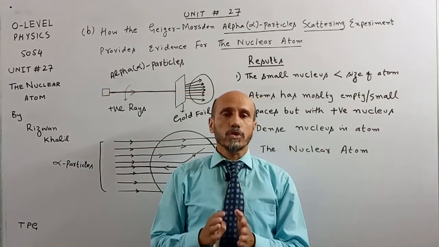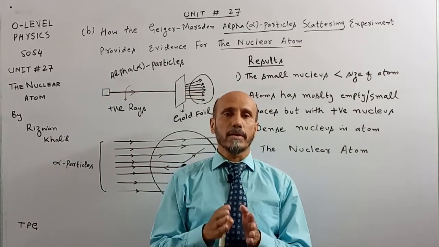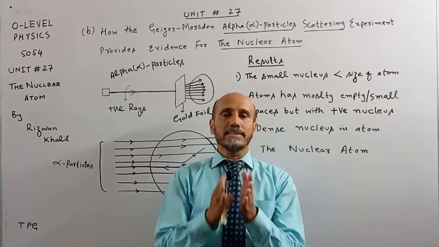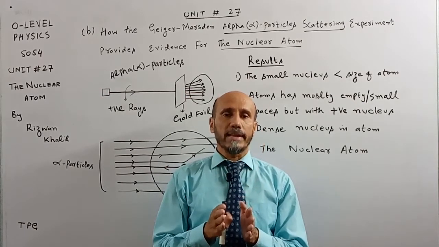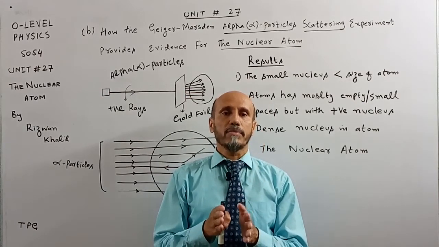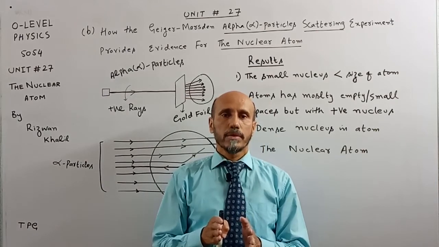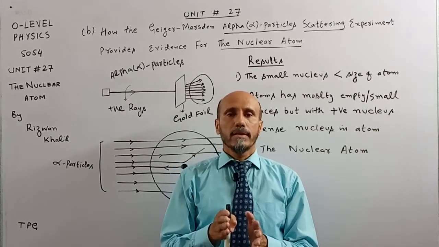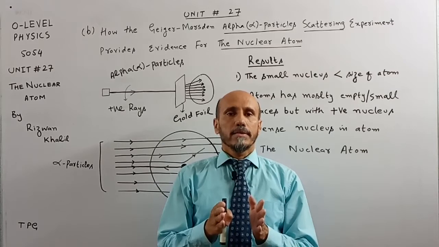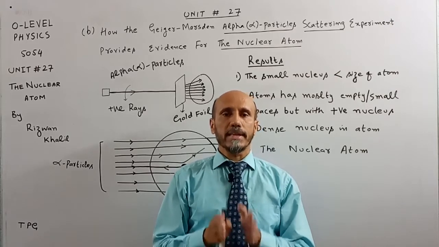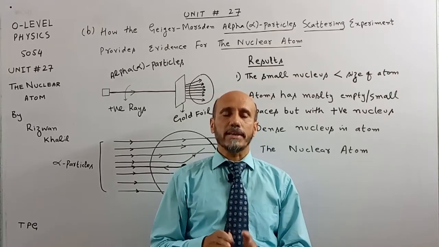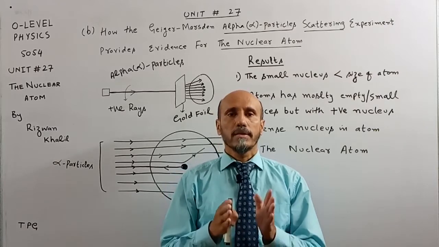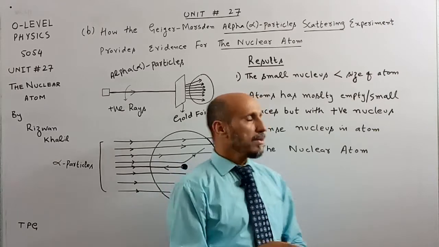Because most of the alpha rays were unscattered, traveling as they were thrown. In this way they concluded that there exists a smaller nucleus inside the atom and the size of the nucleus is smaller than the size of the atom.